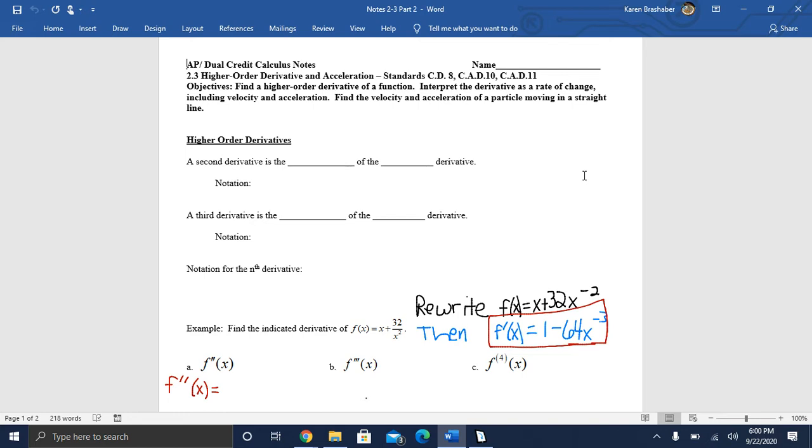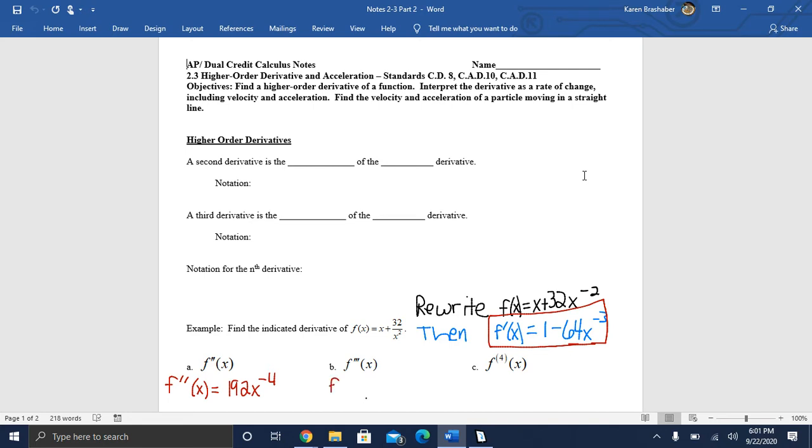And the derivative then of negative 64 x to the negative 3, we would multiply your negative 3 by negative 64 and get 192 x to the negative 4th. And depending on what you're using that for, you can either leave it like that, or you could put the x to the 4th in the denominator. But I think we'll just leave it as this.